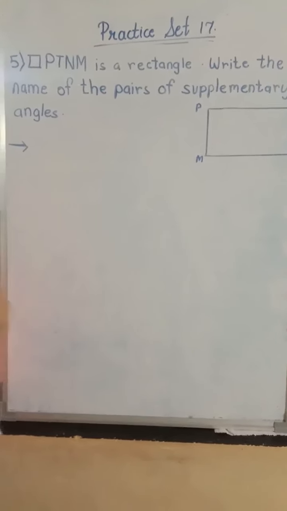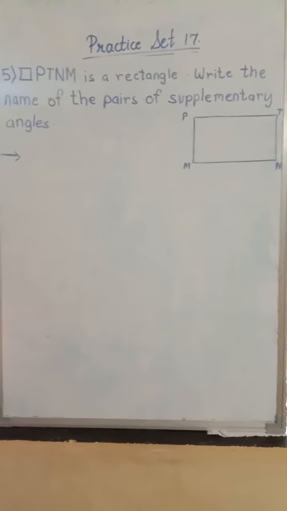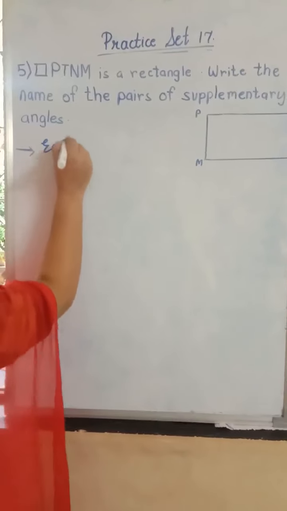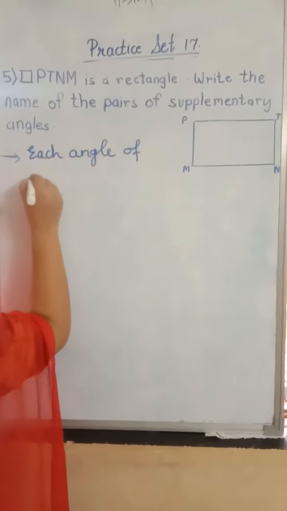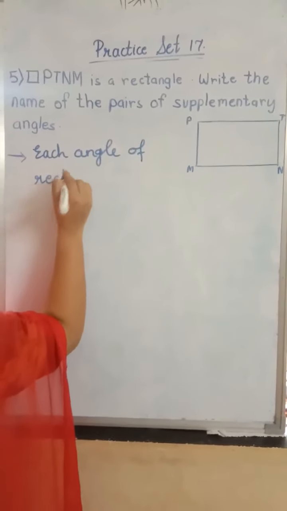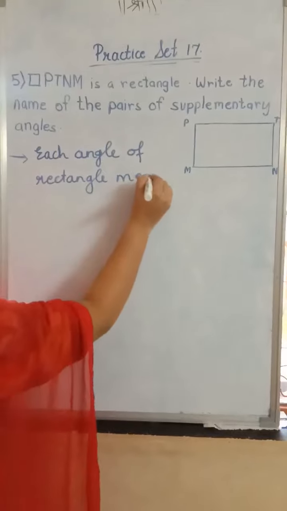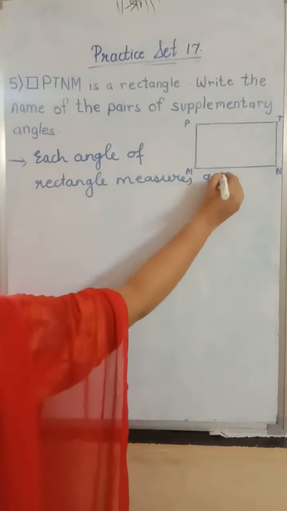Children, each angle of a rectangle measures 90 degrees. So we will write that first thing. Each angle of a rectangle measures 90 degrees.